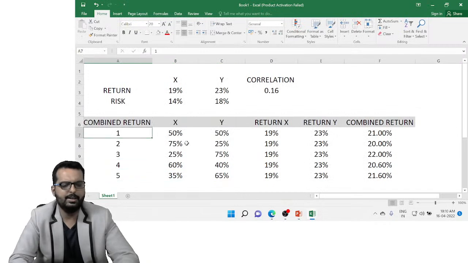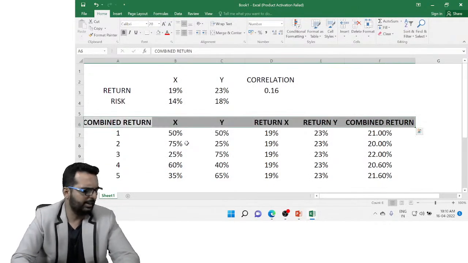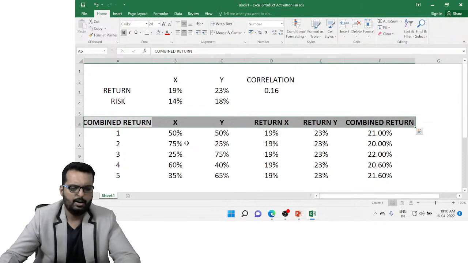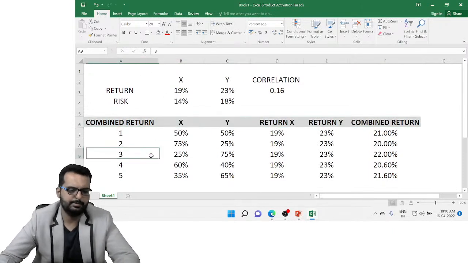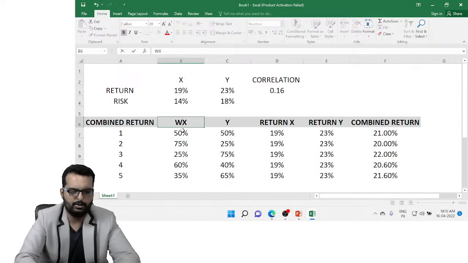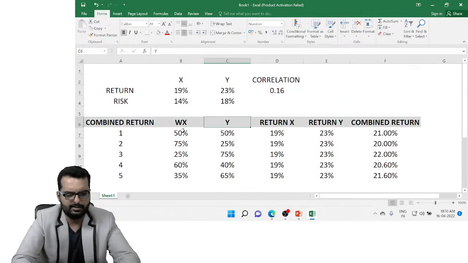We got the combined return over here. I'll give you a minute's time, just write this down. After that, we'll write down the combined risk in exactly the same manner. This is weight of X and this one is what?